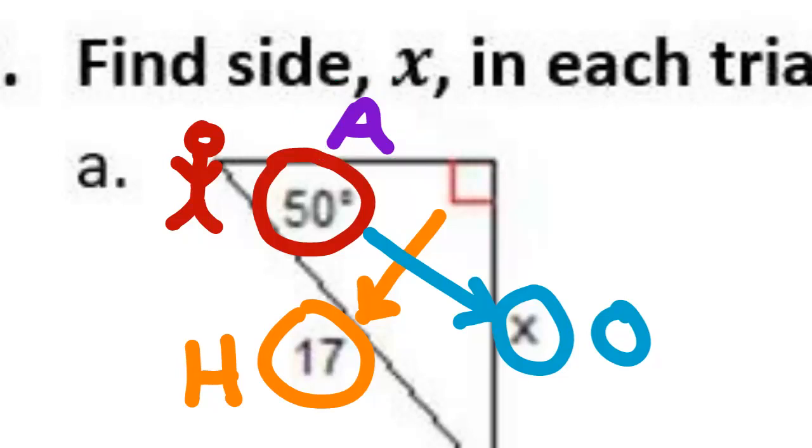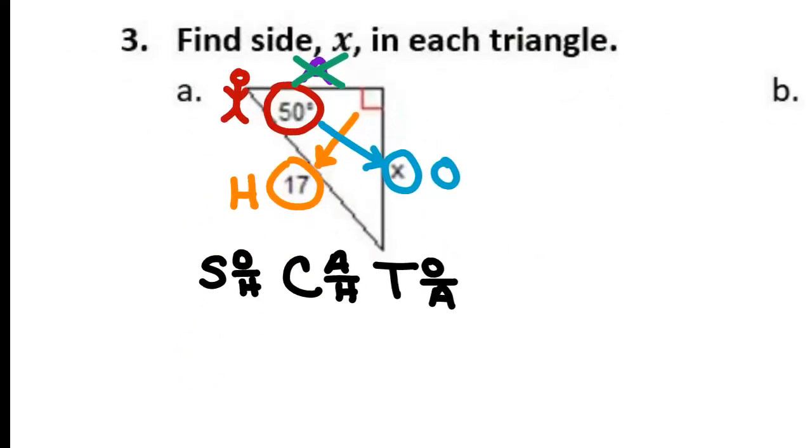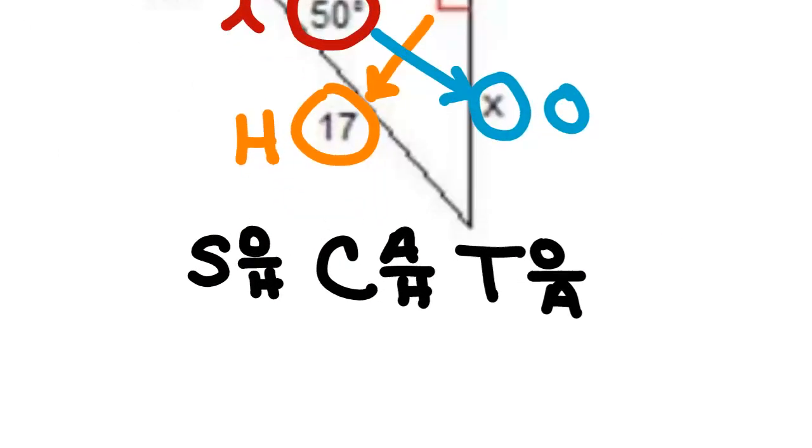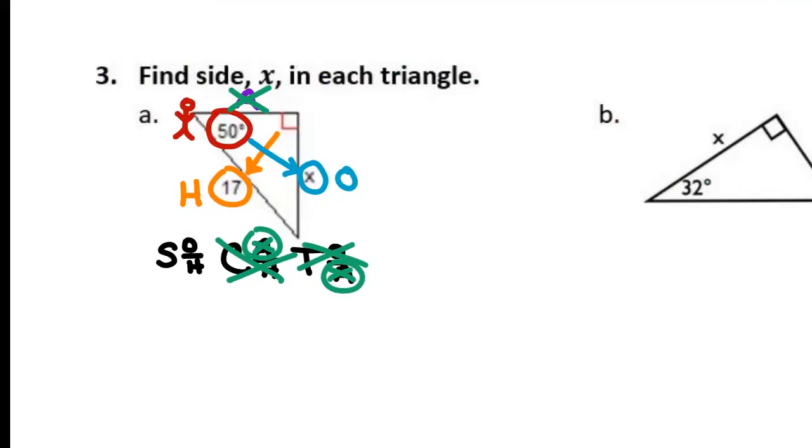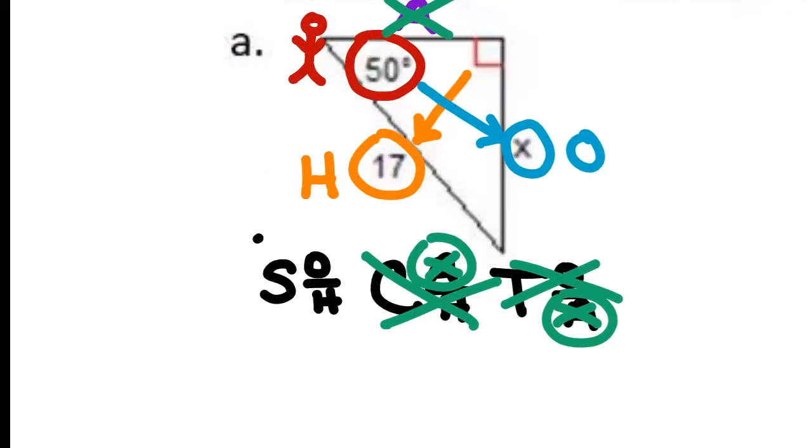So I'm not going to be able to use the adjacent side at all to help me solve this triangle for x. So any of my trig functions that use the adjacent side, like cosine or tangent, I'm not going to be able to use because I don't have that adjacent side. So we're going to use the sine function.